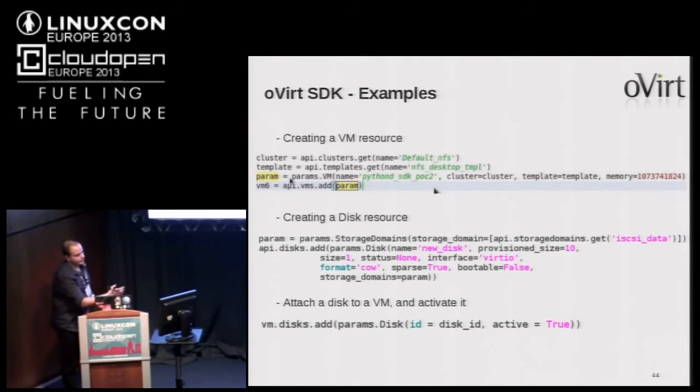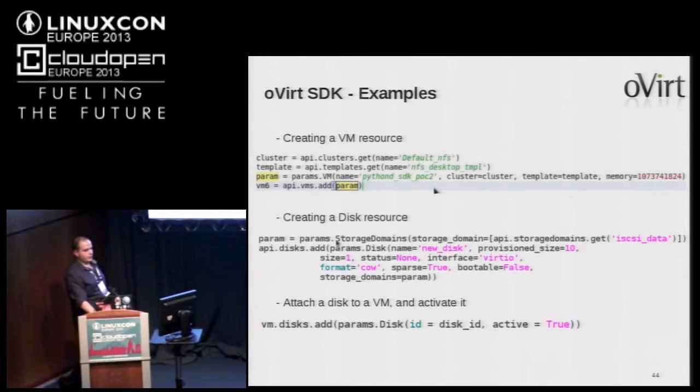Then, in this example, we created a new params.vm object, giving all these parameters and adding the memory I would like the VM to have. And then I'm accessing the VM's collection, issuing an add action, passing the parameter that I've created, and that would create a new VM resource.